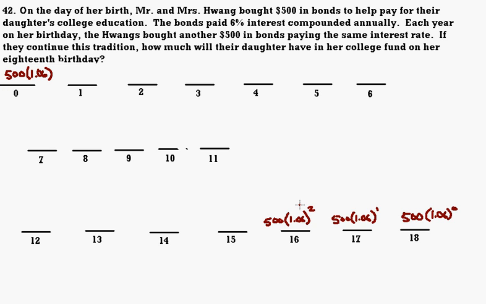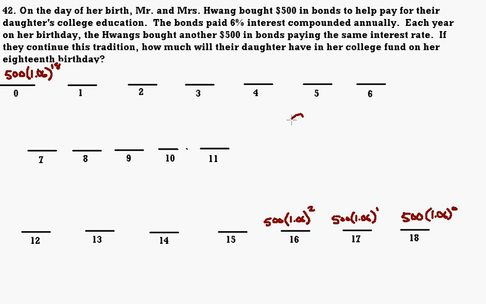That's the first, that's the second. So imagine this is probably going to be to the 18th up here. How many terms do we have here? 1, 2, 3, 4, 5, 6, 7, 8, 9, 10, 11, 12. So it's 19 terms overall.